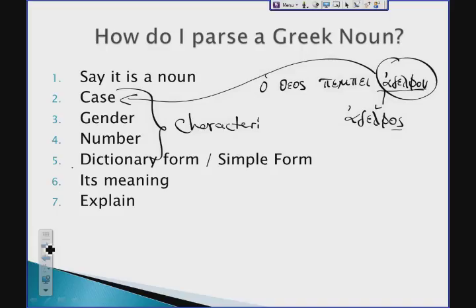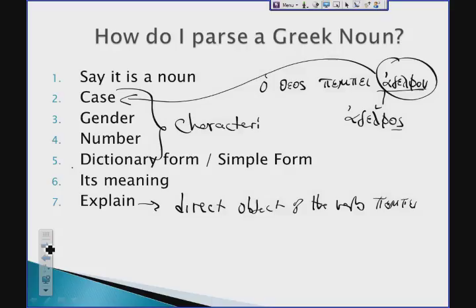According to the case, your explanation would be, it's a direct object of the verb pempei. That's what we mean by analyzing. Adelphon is a direct object of the verb pempei.